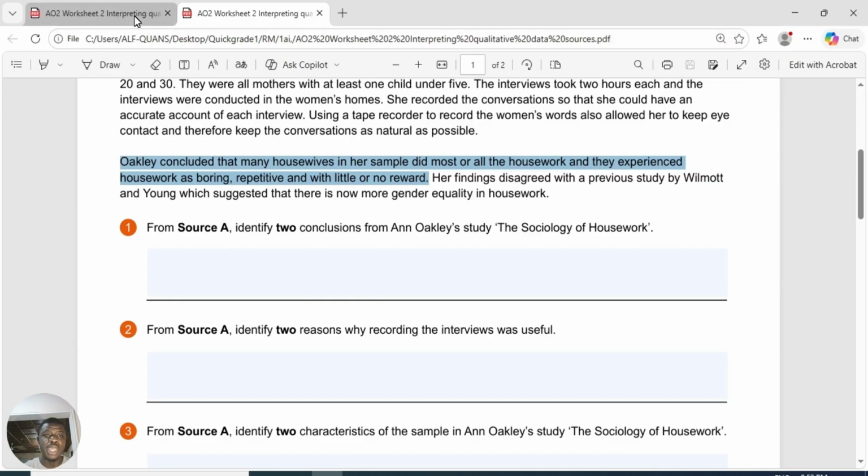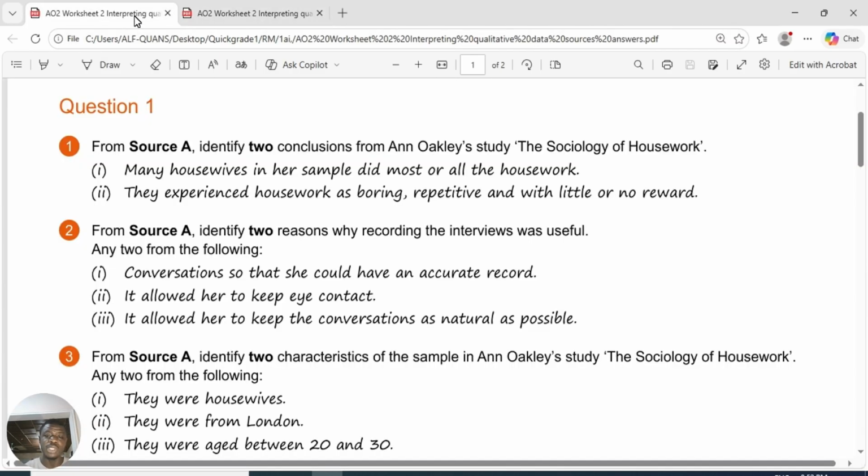If you compare it with my indicative content here, you realize that the first answer says many housewives in her sample did most or all the housework, which is the same as what we see in the third paragraph. The second answer says they experienced housework as boring, repetitive, and with little or no rewards.